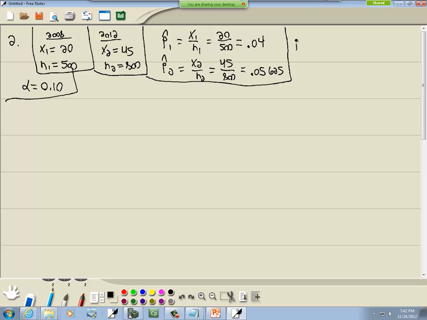And we also need p hat, which is x1 plus x2 over n1 plus n2. Well, x1 was 20, so we get 20 plus 45 over 500 plus 800.